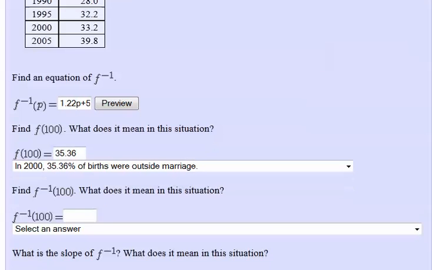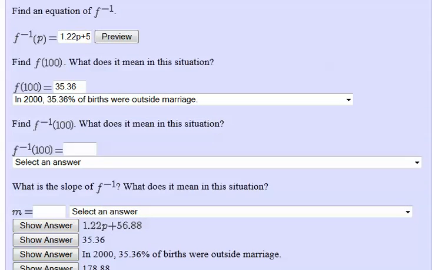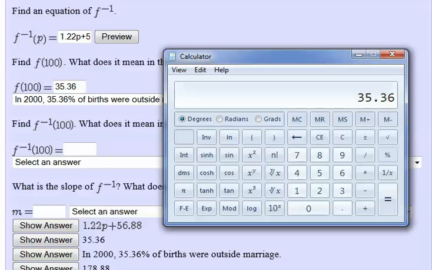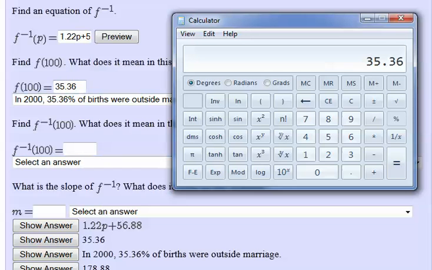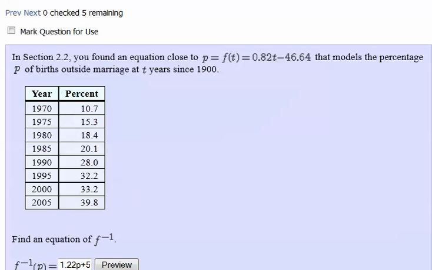Next, we're asked to find the inverse of 100. So this says, find f inverse of 100. And what does it mean in this situation? For the inverse function, we're going to replace the p with 100 and solve by first adding the 46.64.